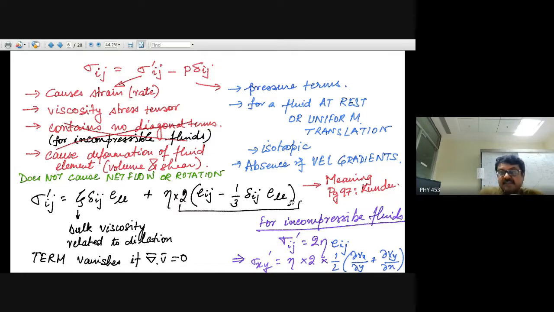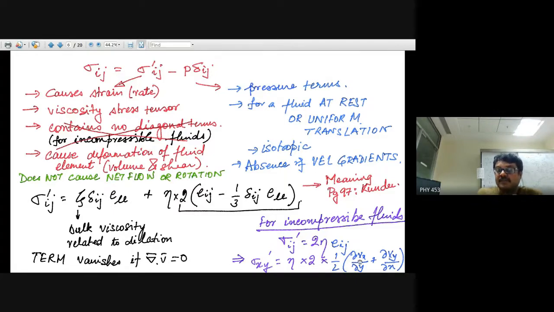The other thing to note is that here there is a repeated index. If you remember, basically e_ij is half of del vx del y plus del vy del x. But if you have a repeated index, it will be more like a divergence of v term, right?